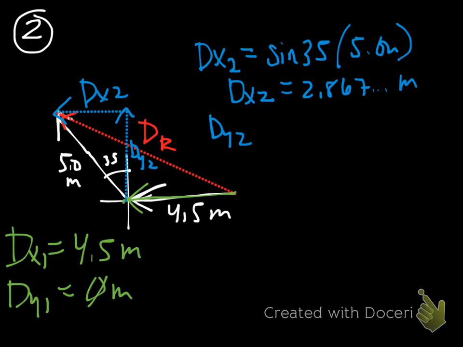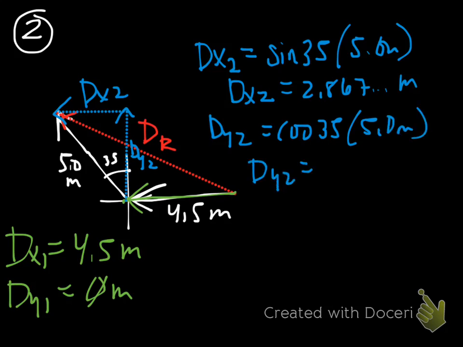dy2 is adjacent to our angle, so it's going to be cosine of 35 times 5 meters, and dy2 is 4.09576 meters. Okay, so that's relatively easy. Now we need to find our total x and y displacement.